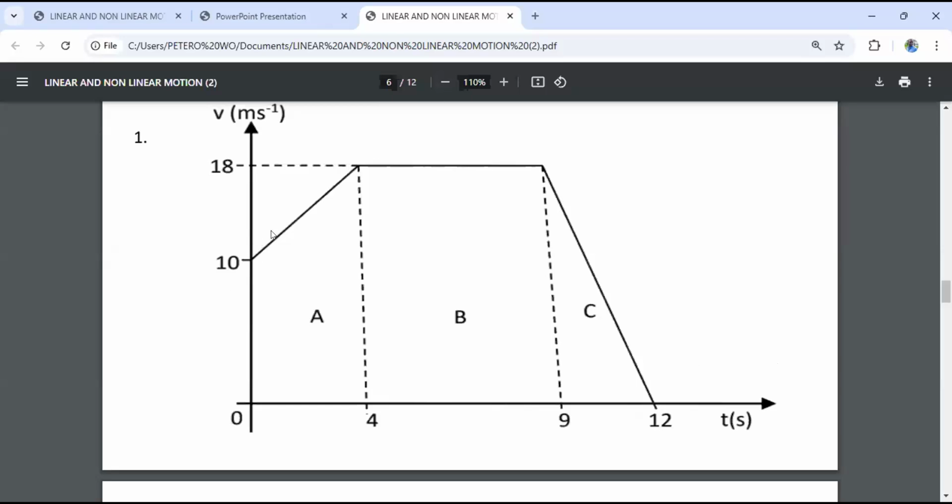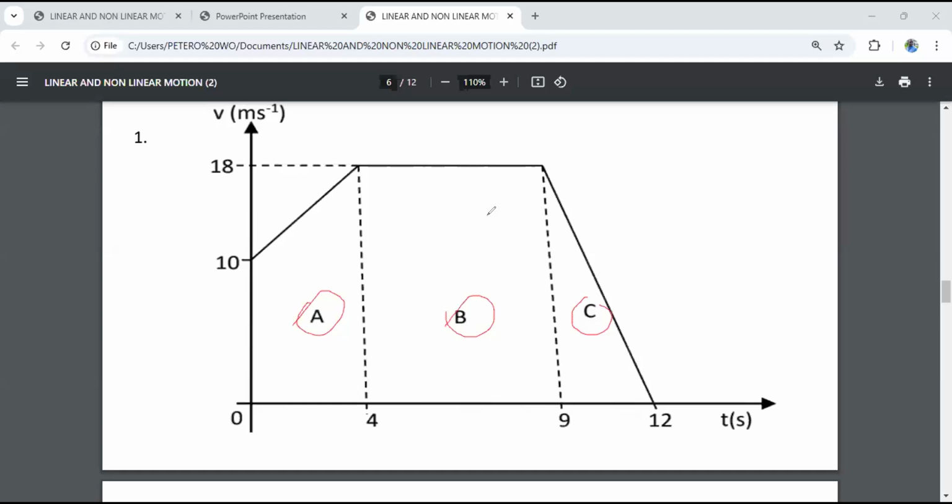Now, when you look at a trapezium, it has a 10, there is 18, there is a 4. So I'm going to have these shapes redrawn. We have a trapezium, which is A. We have a rectangle, which is B. And C is a right-angled triangle.